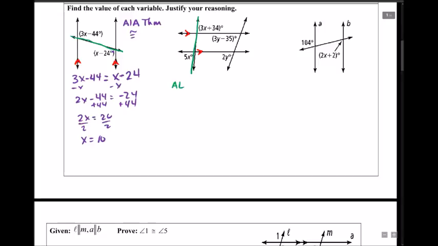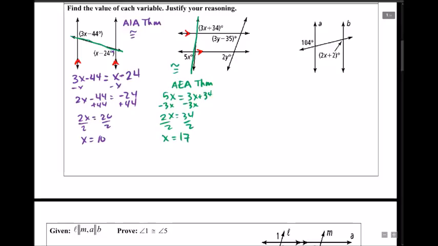We have alternate exterior angles, and the alternate exterior angle theorem says that these are congruent. So we have 5x equals 3x plus 34. Subtract 3x from both sides, just do our algebra. 2x equals 34. Divide both sides by 2, x equals 17.